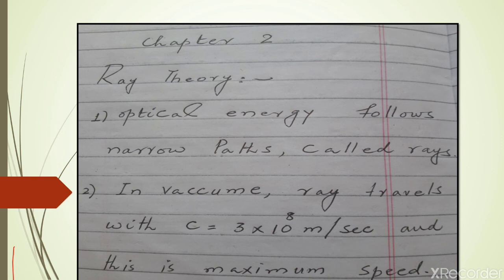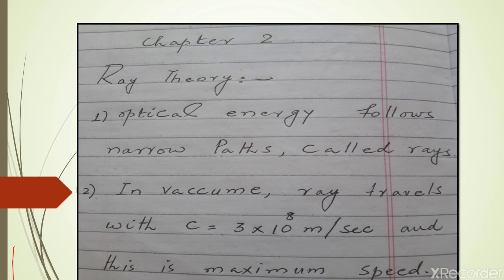The maximum speed of the light ray occurs in free space, that is vacuum, and the maximum possible speed of the light ray is 3 into 10 raised to power 8 meter per second.